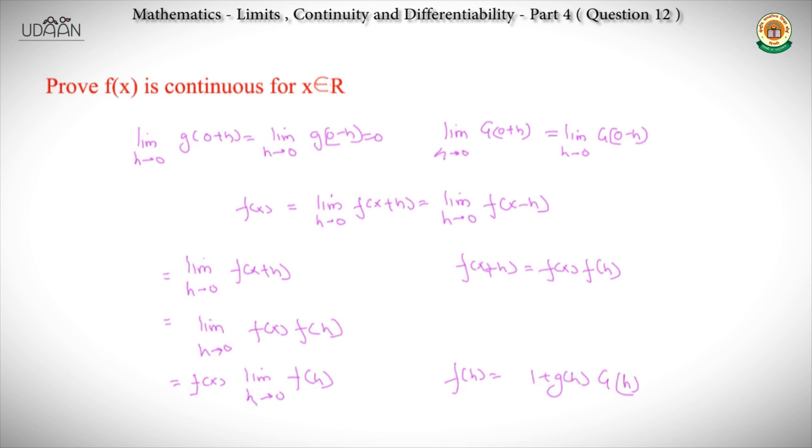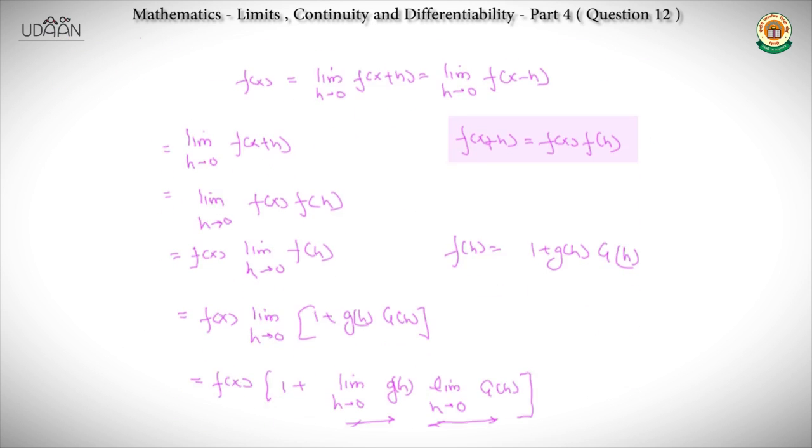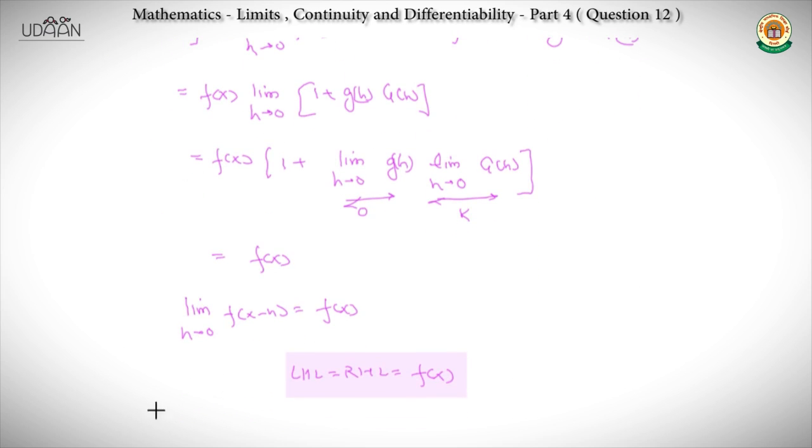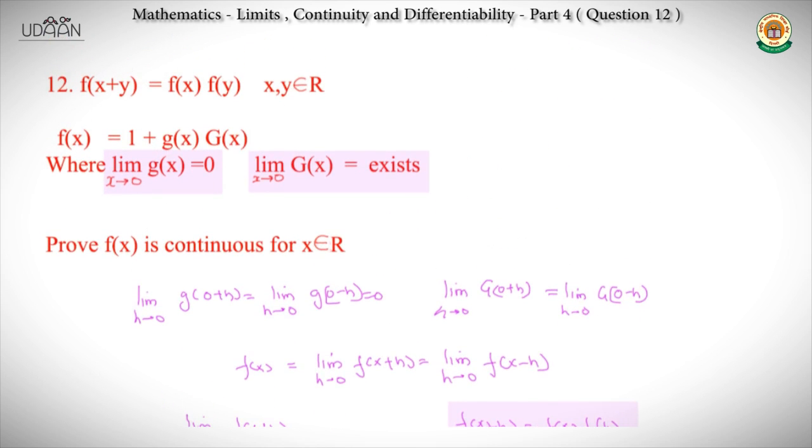We used a few identities such as f of x plus h is equal to f of x times f of h, and finally we derived that the left hand limit, which is the limit of f of x minus h as h tends to 0, is equal to the right hand limit, which is the limit of f of x plus h as h tends to 0, and is also equal to f of x at all points. Hence f of x is continuous throughout R. And this is question number 12.